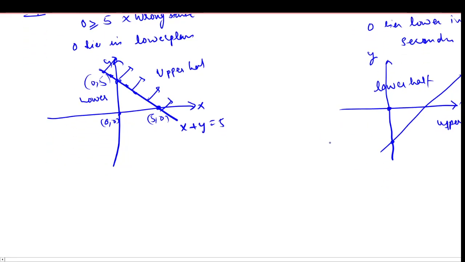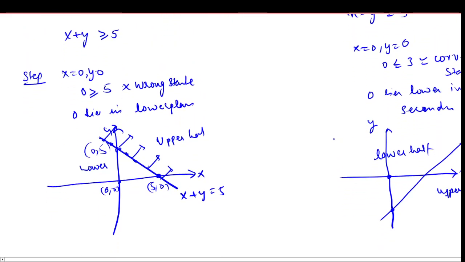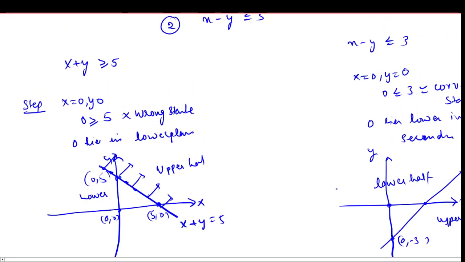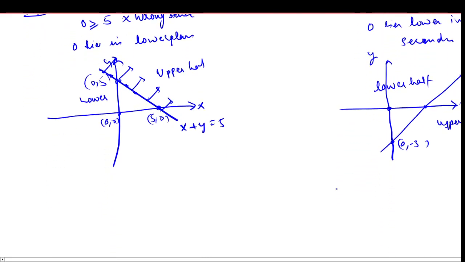So this is 0 comma minus 3 and this is 3 comma 0. So now if we combine the two graphs, we get the common region.